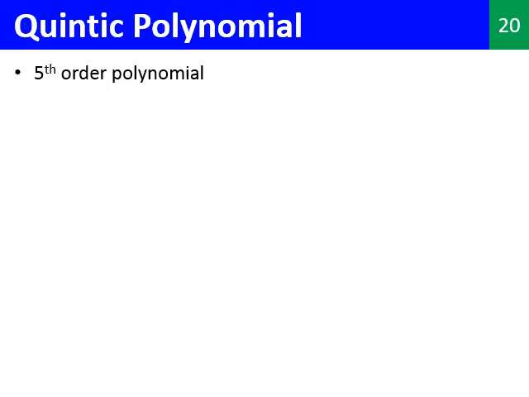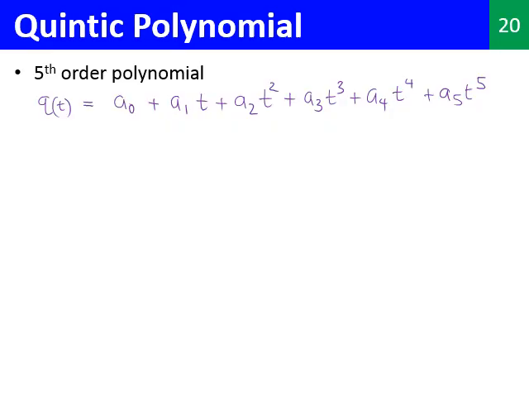We can start with q(t), the joint trajectory, which is equal to a0 plus a1 t plus a2 t squared plus a3 t cubed plus a4 t to the power of 4, and finally a5 t to the power of 5. So here we have a fifth order polynomial for the joint trajectory.